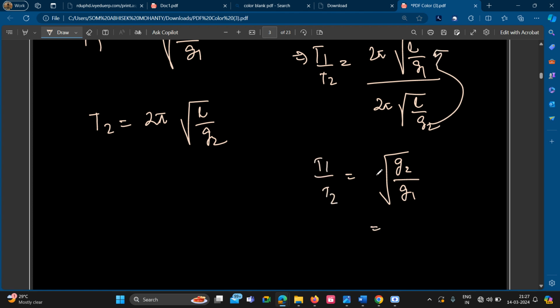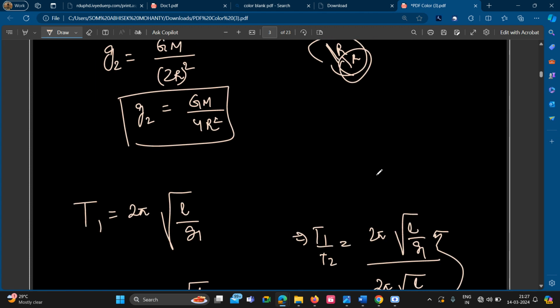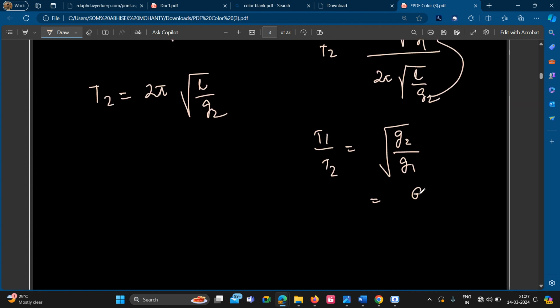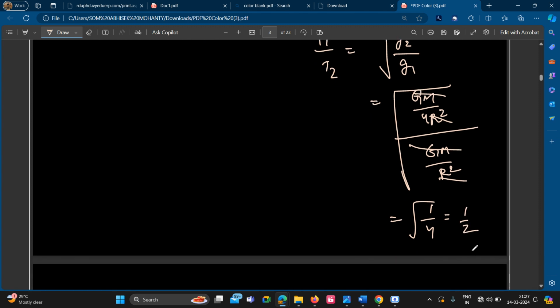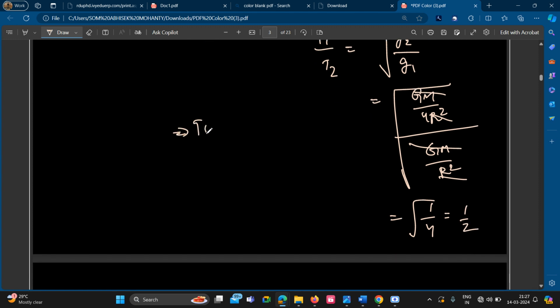So G2 is how much? GM by 4R square. And G1 is GM by R square. Okay, whole root over. GM cancel out. R square cancel out. 1 by 4 root over. That is 1 by 2. So T1 by T2 is equal to 1 by 2.